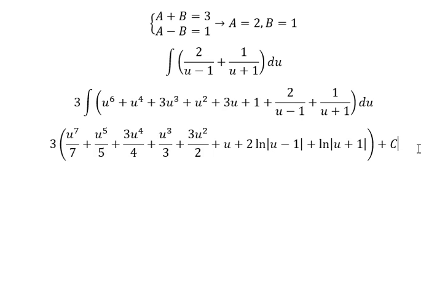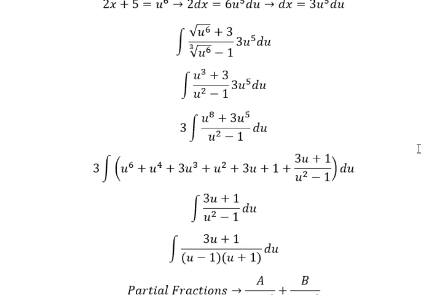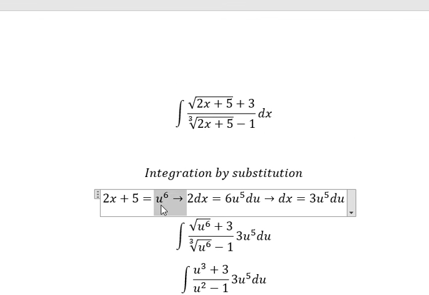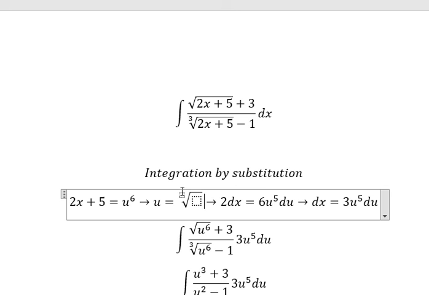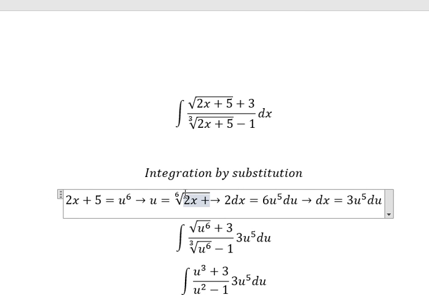Now, about u, that is this one. So we take the sixth root of both sides. So we can get the sixth root of 2x plus 5.